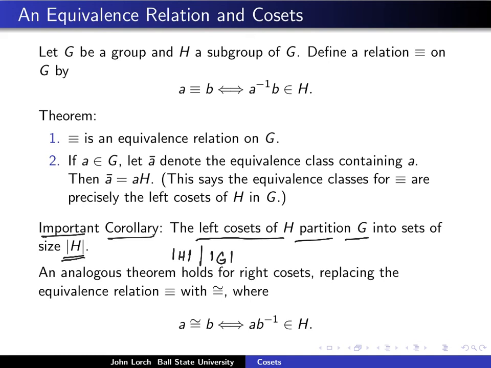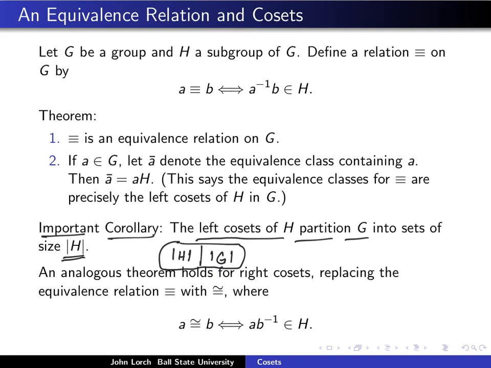It means that if you're looking around for subgroups of a group of order 12, then you're not going to find any subgroup of order 7 because 7 doesn't divide 12. Okay, and we'll be talking a lot more about that in the next video. So this theorem, that the size of H divides the size of G, is called Lagrange's theorem. It has a lot of interesting consequences.